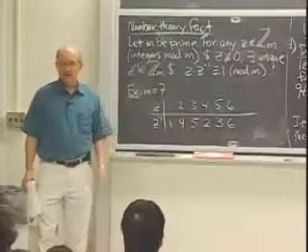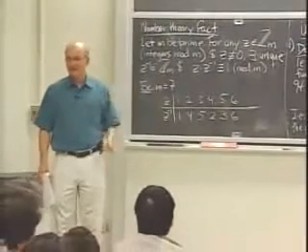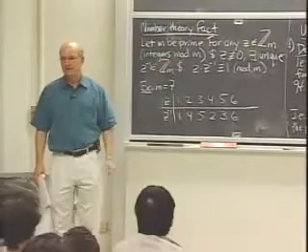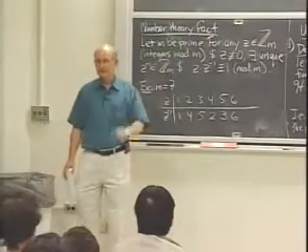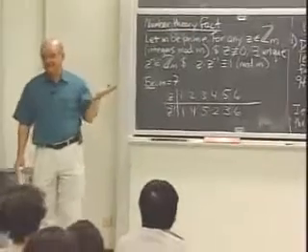So can somebody think of, let's imagine we're doing something mod 10. Can somebody think of a number that doesn't have an inverse mod 10? Yeah, 2. Another one is 5.